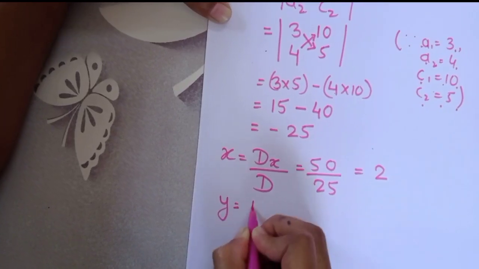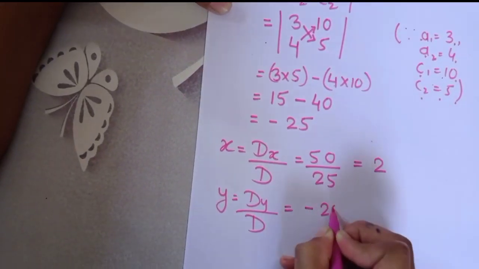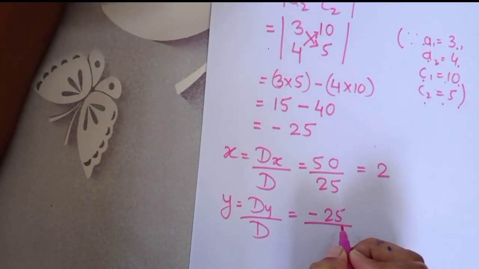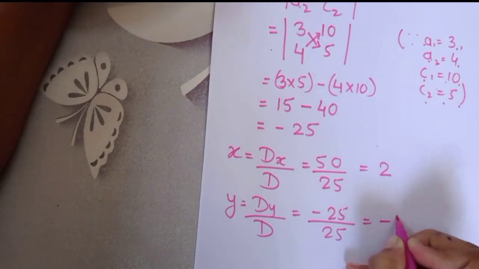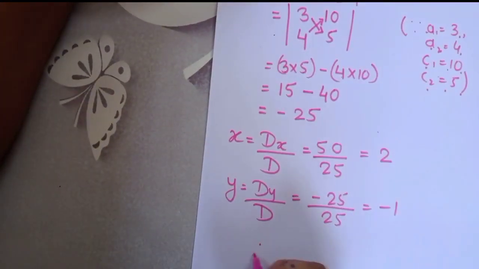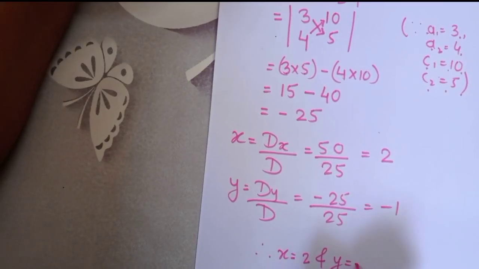And y is equal to dy by d, where dy is minus 25 and d is 25, which is equal to minus 1. Therefore x is equal to 2 and y is equal to minus 1.